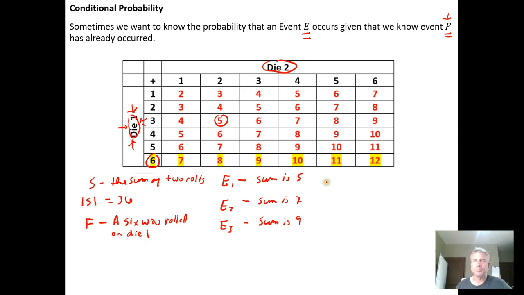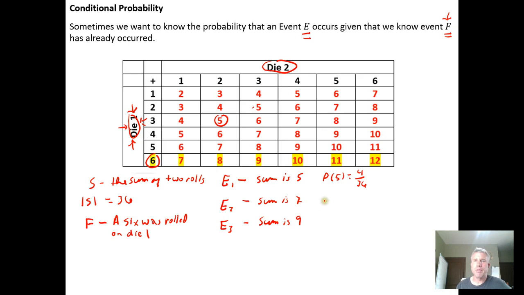So the probability that the sum is a 5, if we don't know that a 6 has been rolled already, usually the probability of event 1 is 1, 2, 3, 4 in 36, because 4 of the sums out of the 36 sums is a 5.